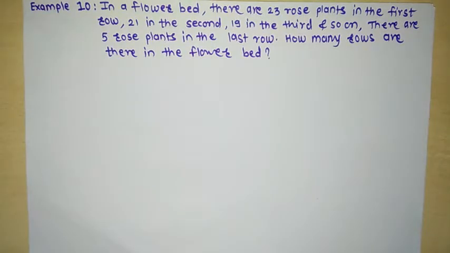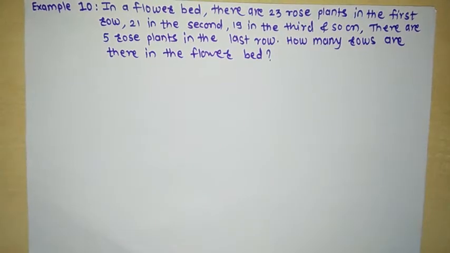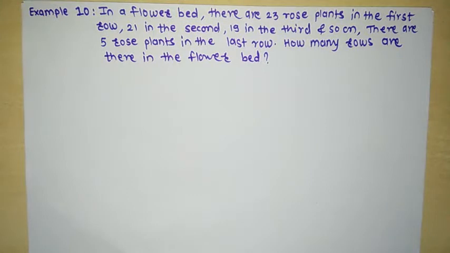Now we will see example number 10. What is given here? In a flower bed, there are 23 rose plants in the first row, 21 in the second row, 19 in the third row, and so on.